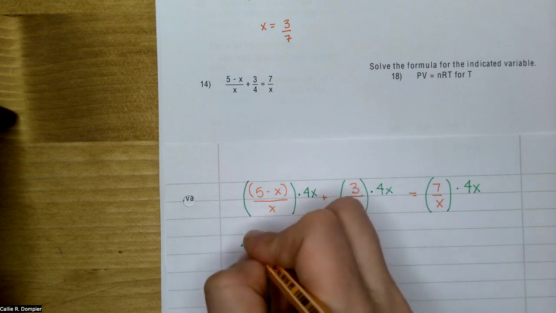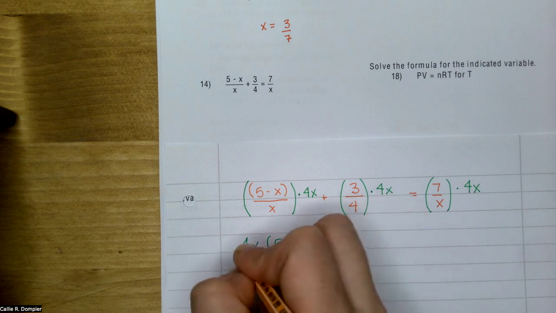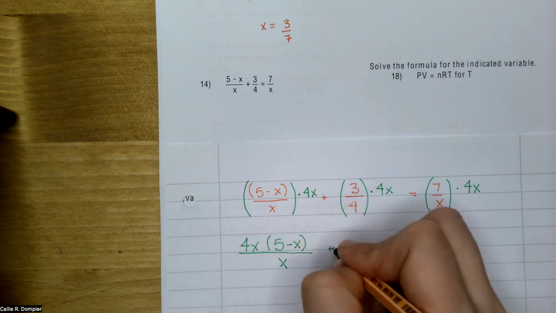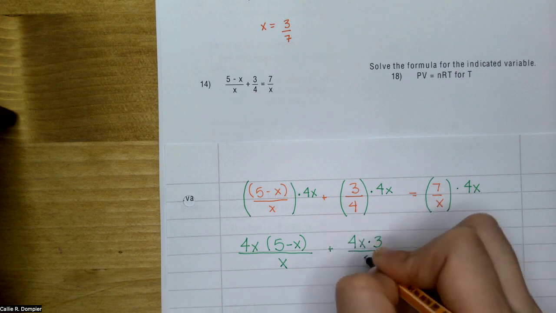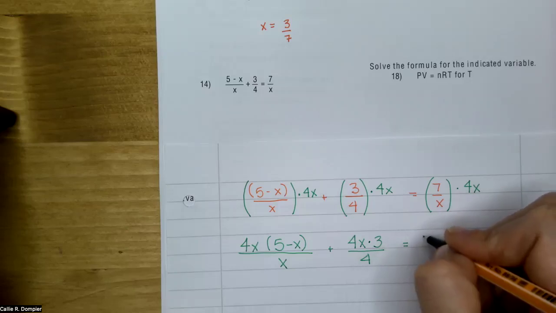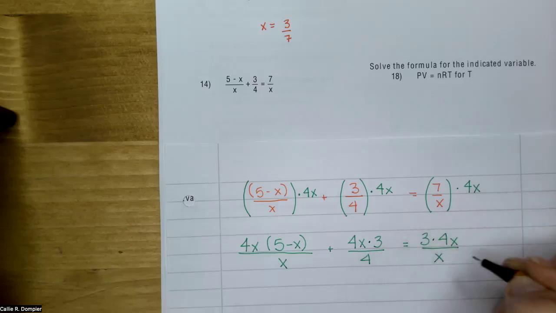So that becomes 4x times 5 minus x divided by x plus 4x times 3 divided by 4 equals 3 times 4x divided by x.